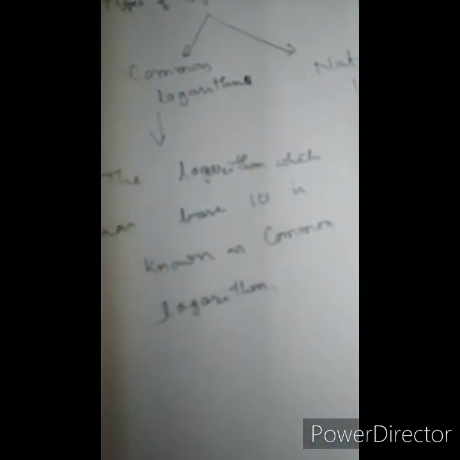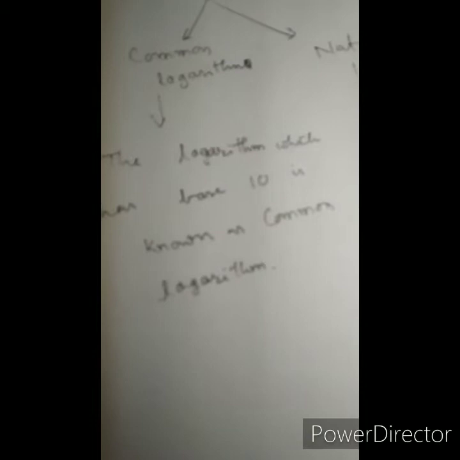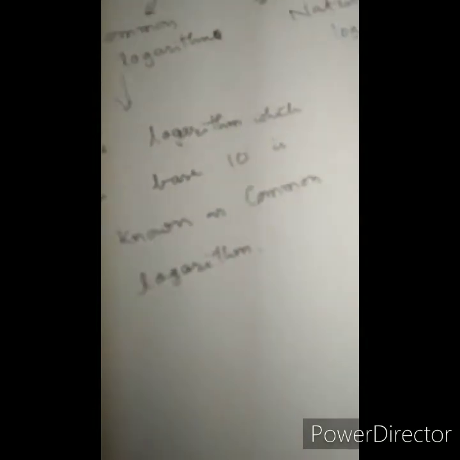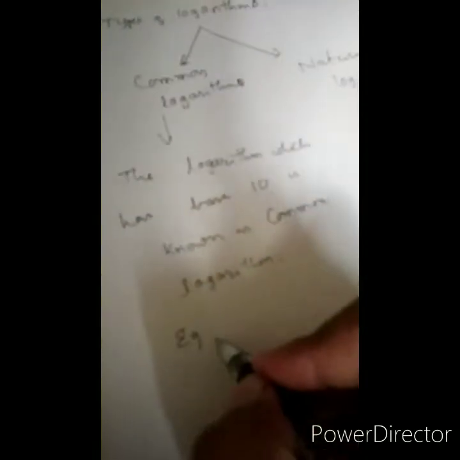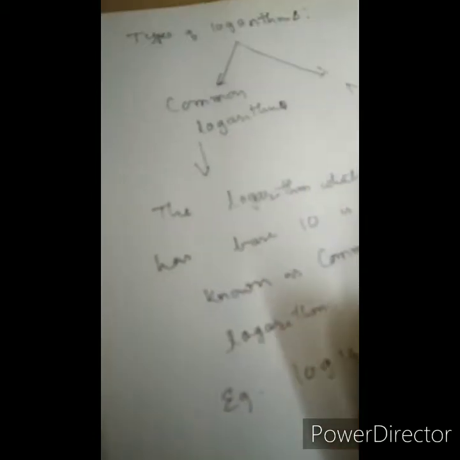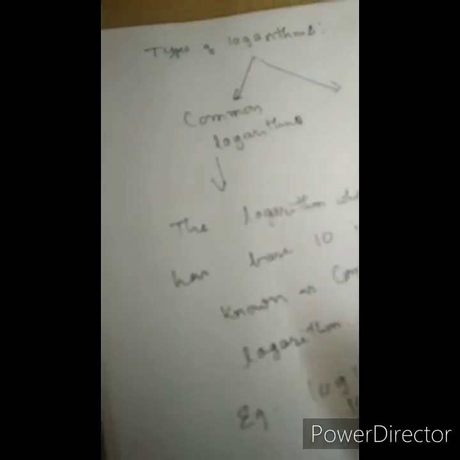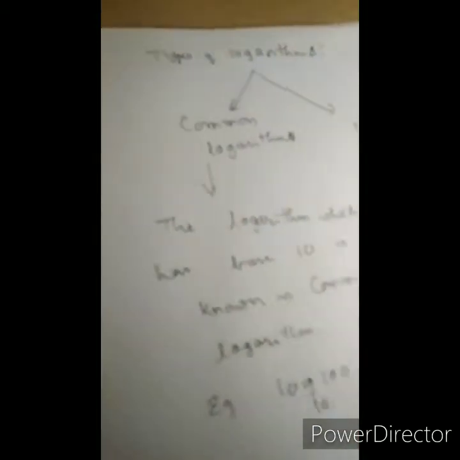What is meant by common logarithm? The logarithm which has base 10 is known as common logarithm. For example, logarithm of 100 to the base 10 is an example of a common logarithm.